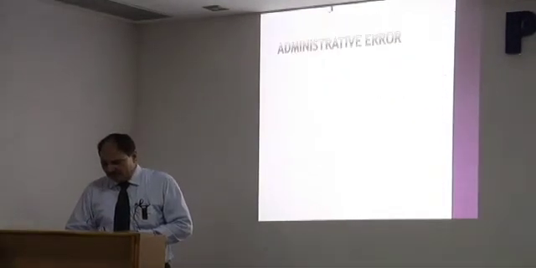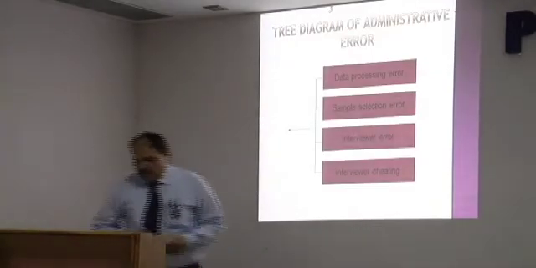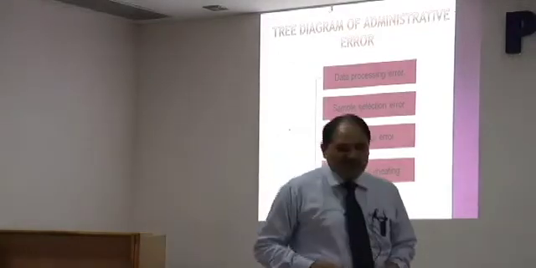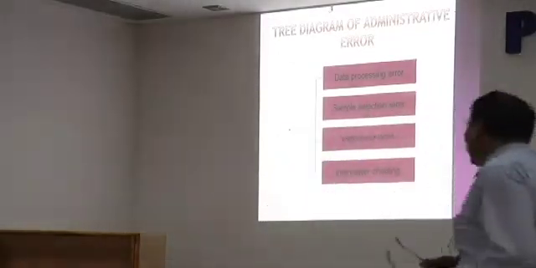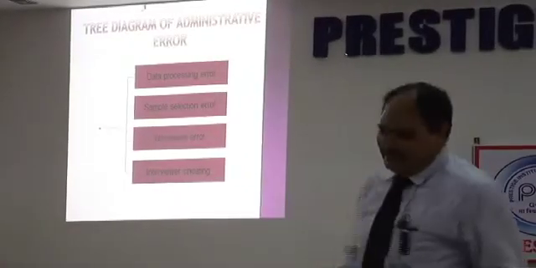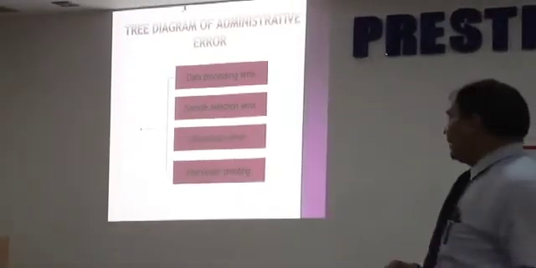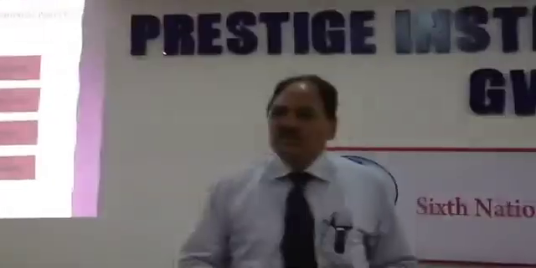And these are some of the administrative errors. These are the four major administrative errors: data processing error, sample selection error, interviewer error, and interviewer cheating. Okay? Data processing error means starting from codification, punching of data on an Excel sheet, using a statistical tool that is not applicable. All those will create errors in your research.